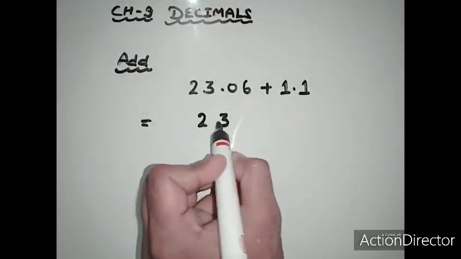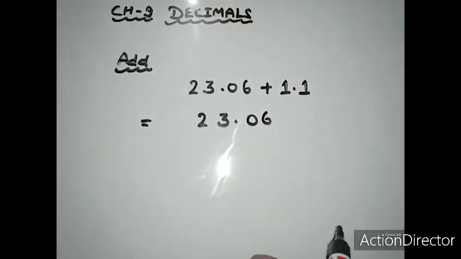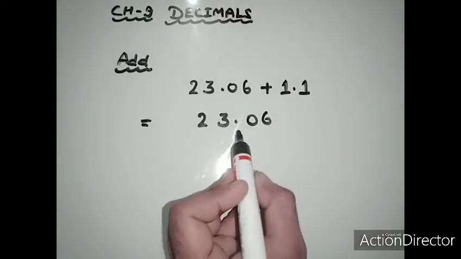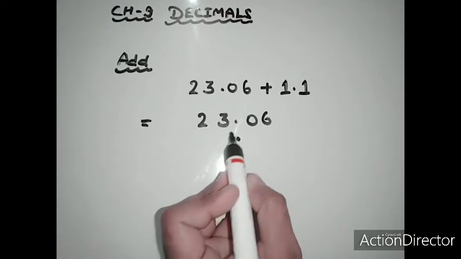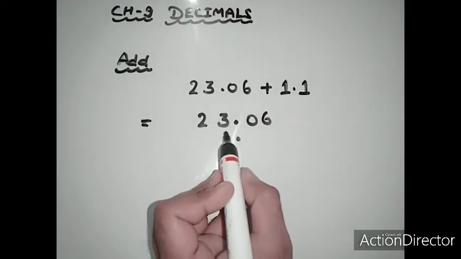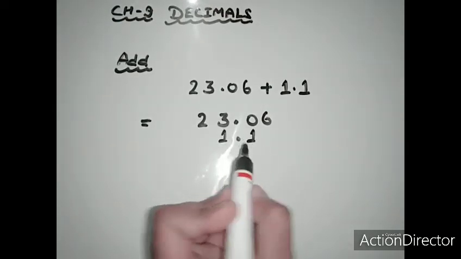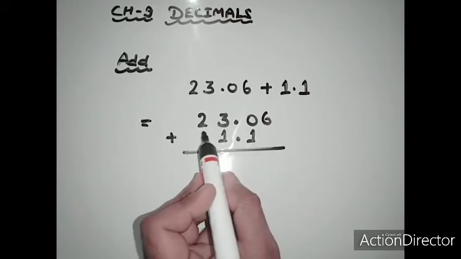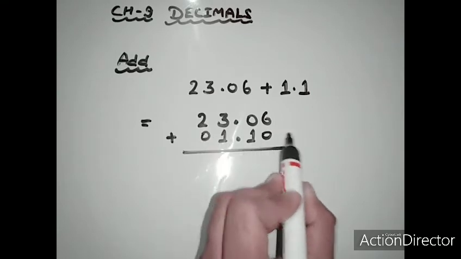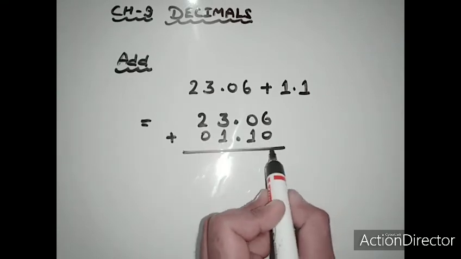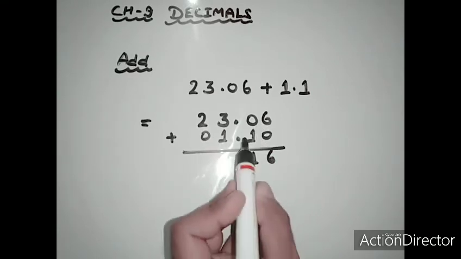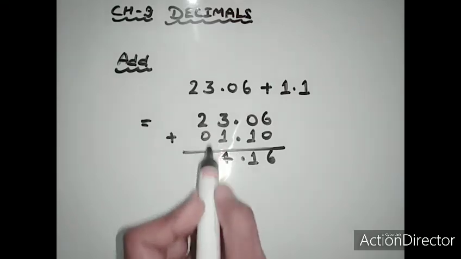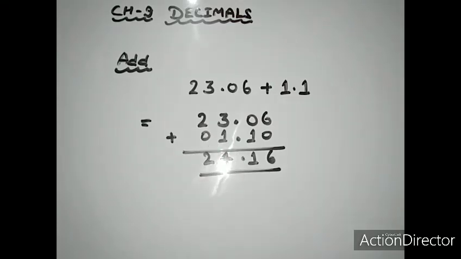If you write 23.06, here we write the decimal point under the decimal point, and here we write 1.1. Now we add all these numbers, and here we put zeros. Here we get 24.16.